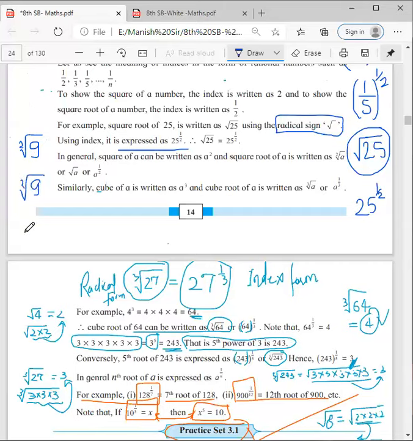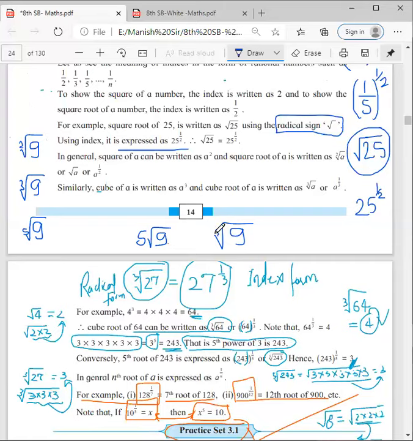If you want fifth root of 9, you can write 9 at this place, and you can write 5 at this place. See this, just try to understand. At which place I'm writing 5? I'm not writing 5 root of 9 in this way. I'm writing root of 9, and that is what? Fifth root. So I'm writing 5 at this place.